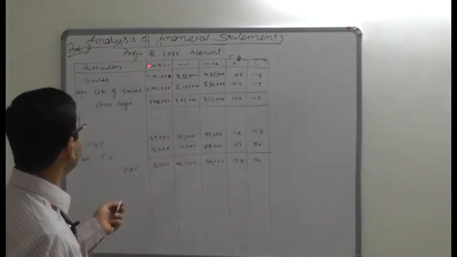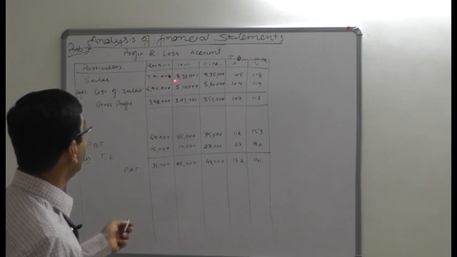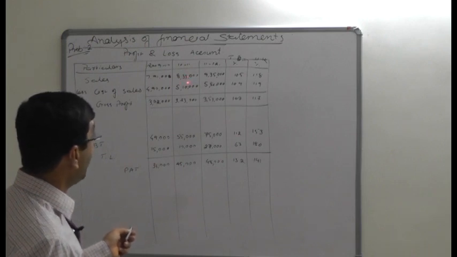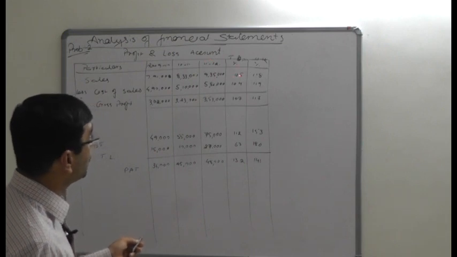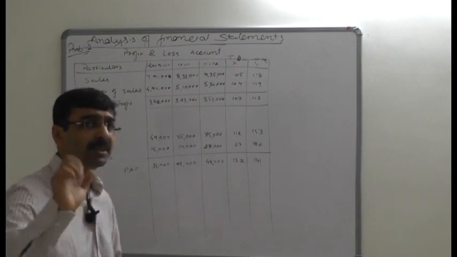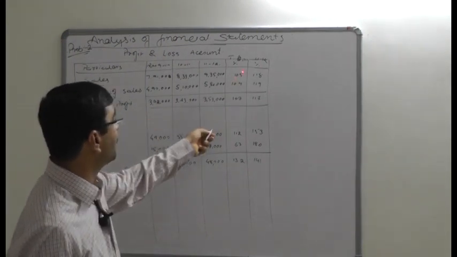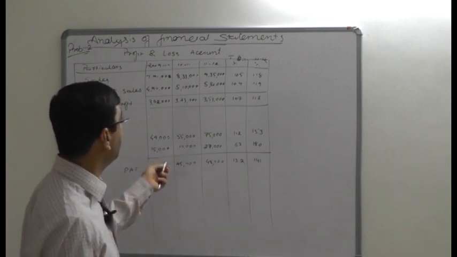Now see, in 9-10 they had sales of rupees 7,91,000, and in 10-11 the sales increased to 8,30,000. The percentage change shows nearly 5%, because the base year is 100 and in 10-11 it's 105%, that means a 5% increase as compared to the previous year.